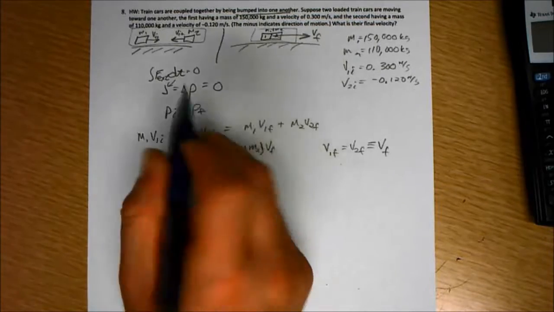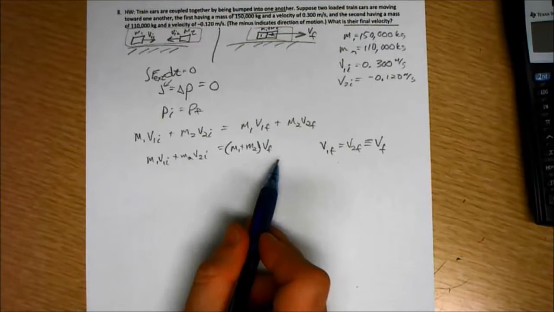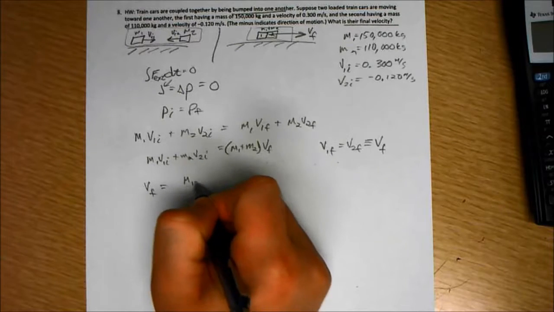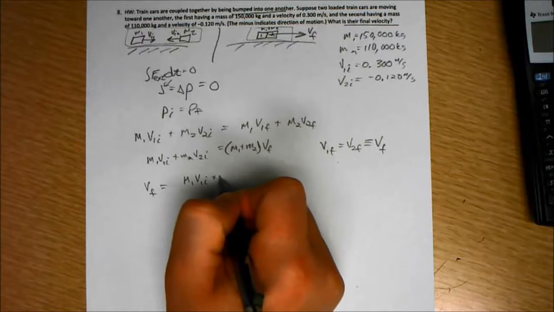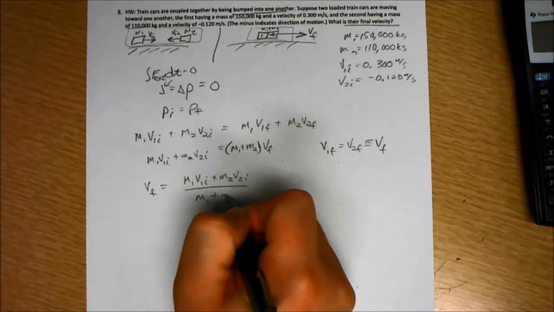So what are we looking for? We are looking for their final velocity. So we're looking for VF. VF equals M1 V1 initial plus M2 V2 initial divided by M1 plus M2.